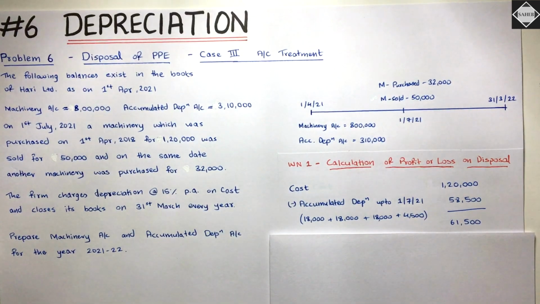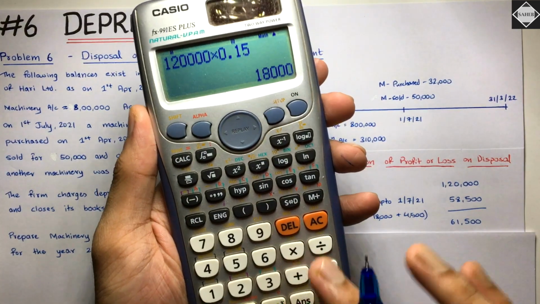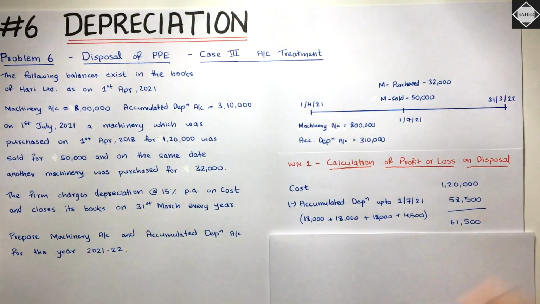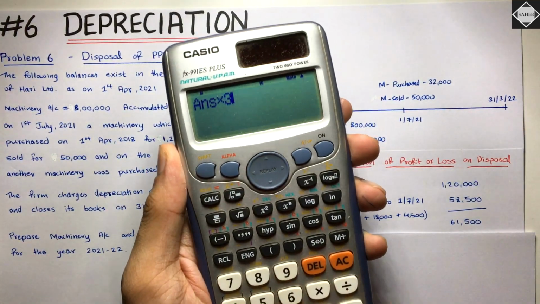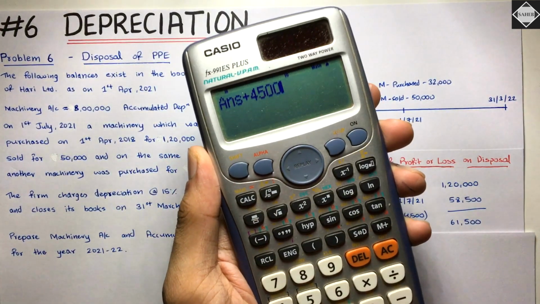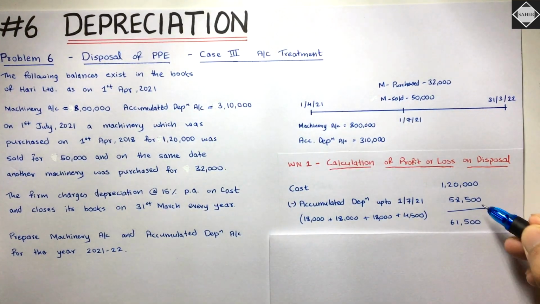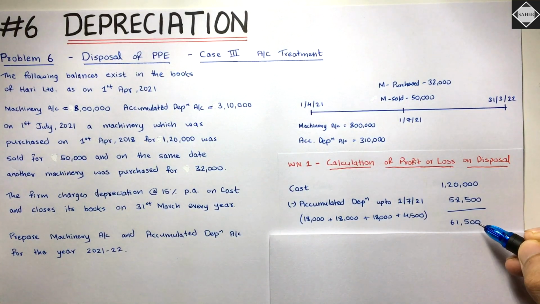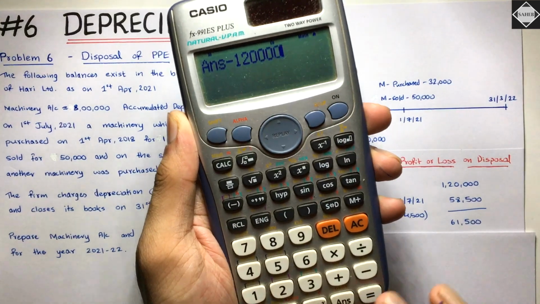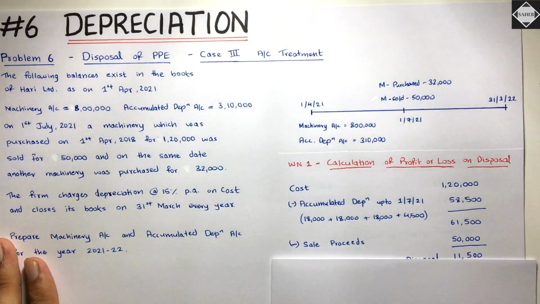Simple and straightforward. 18,000 annual depreciation. So from 2018 we are coming to this date, 1st July. The depreciation of 3 years, that's 18,000 into 3, that's equal to 54,000, plus the current year depreciation of 3 months, 4,500, that's equal to 58,500. So this 58,500 you have to subtract, and when you do that, what do you get? You get WDV 61,500. 58,500 minus 1,20,000, that's equal to 61,500. Ignore the negative. Right, 61,500 is the WDV.